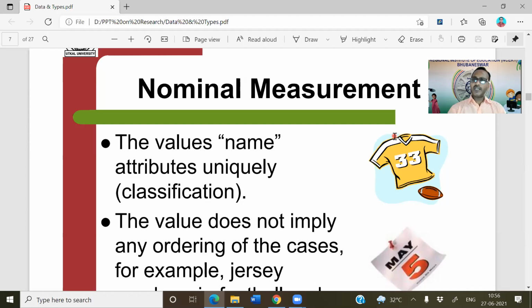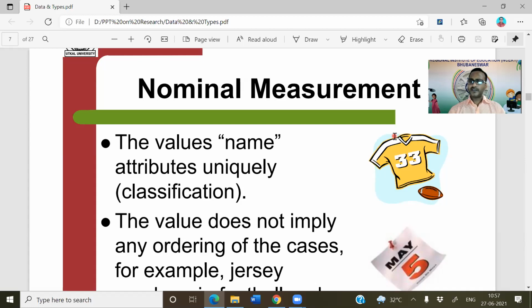So therefore, nominal data or nominal measurement is used to identify. We say this is identification data. Your name. You are now 32. Your name does not indicate you are better, superior, or inferior. It does not indicate that.